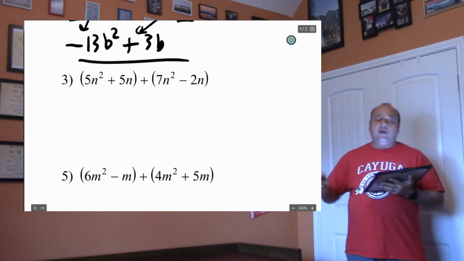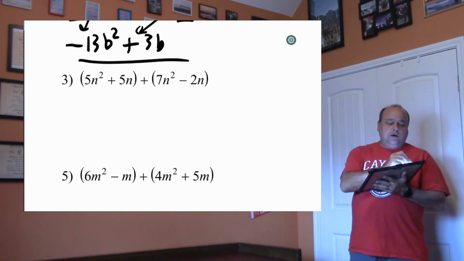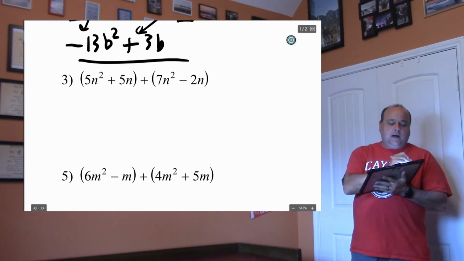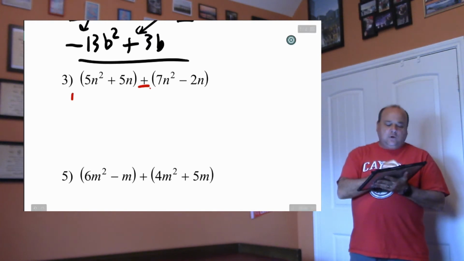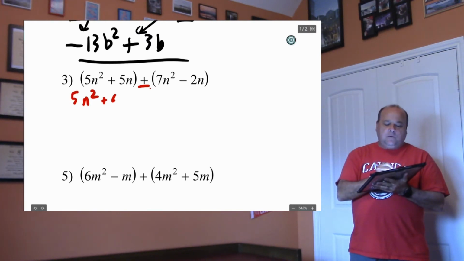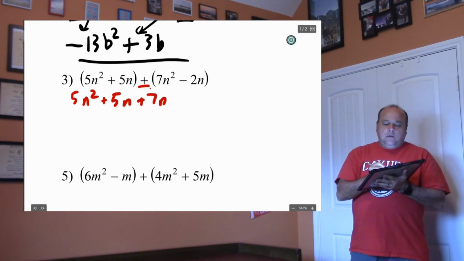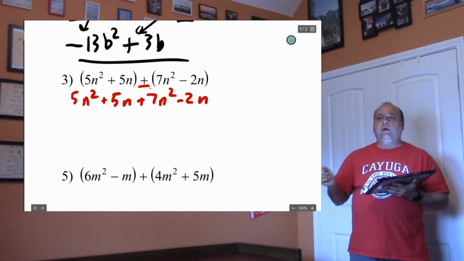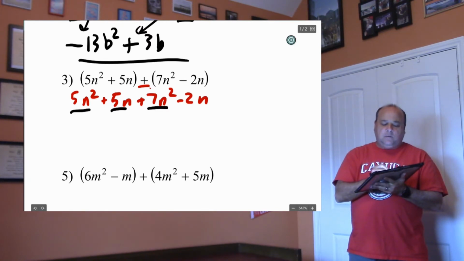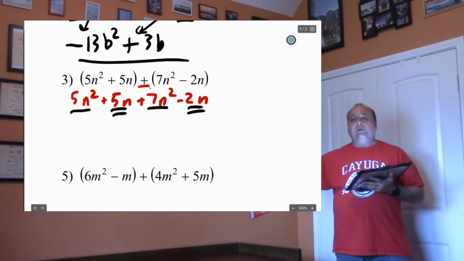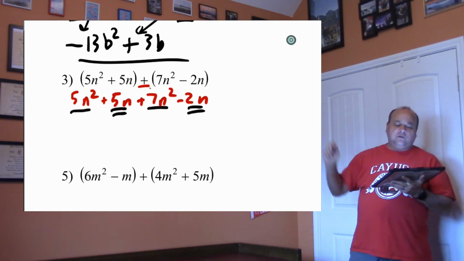Let's go to number 3. On number 3, notice there's a plus here. That plus will not change any of the signs. So write down the problem without any parentheses. Now I'm going to single underline my largest exponents and double underline the rest, going down from the largest exponent to the smallest.